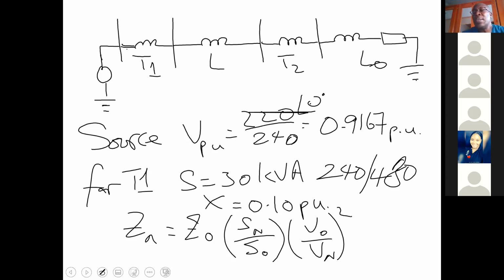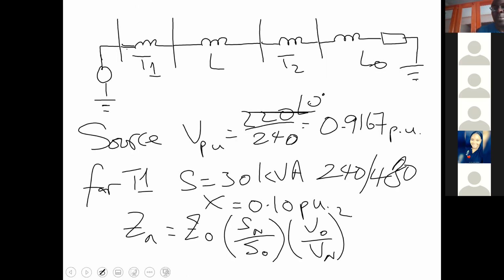So the ratings that you have for T1 would be based on rating. So the per unit value you have here is based on rating, so the values on the transformer would be the old values. The new values are the ones that you are now applying from the system. All right?